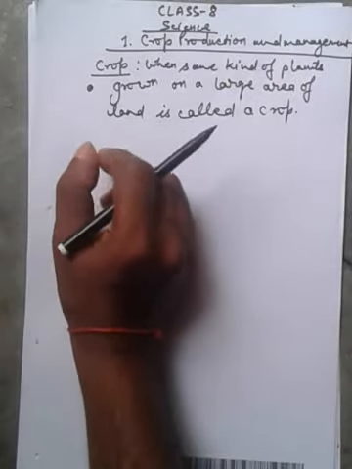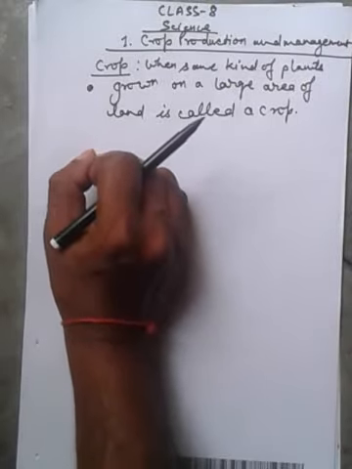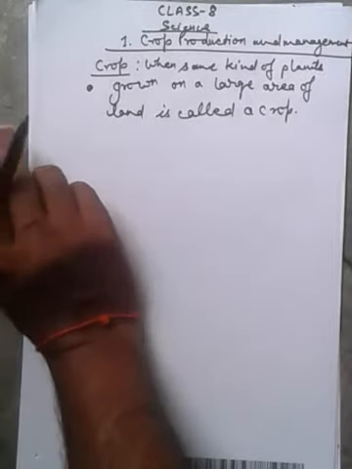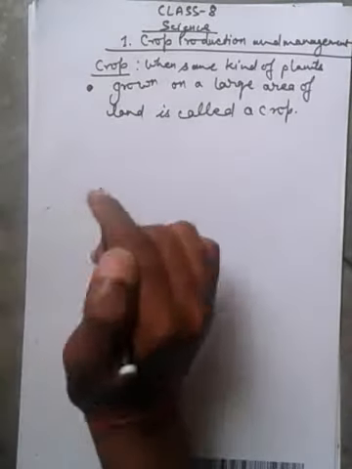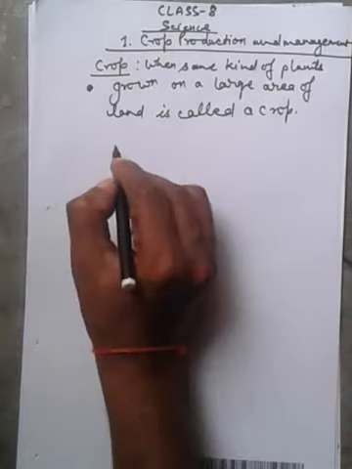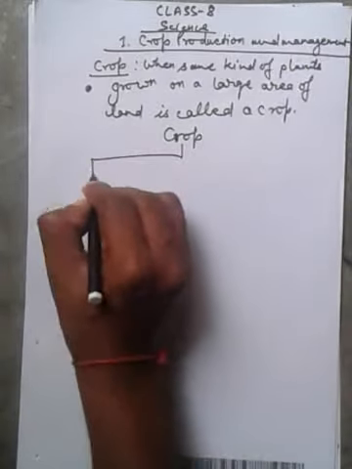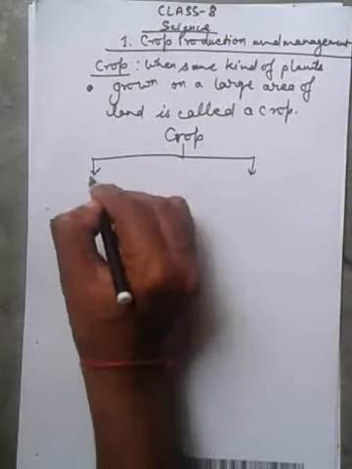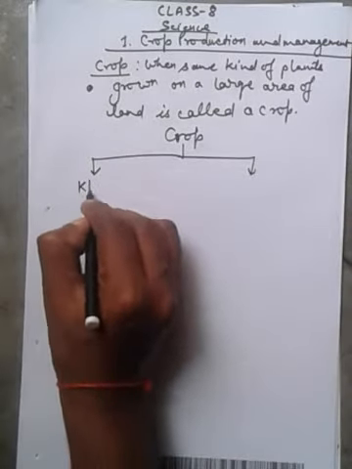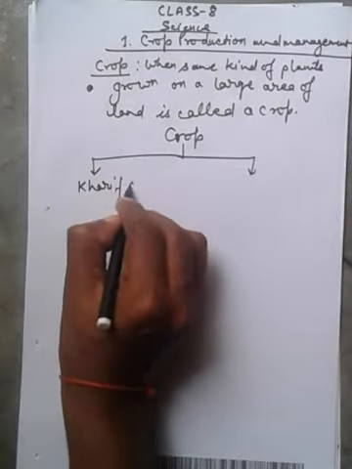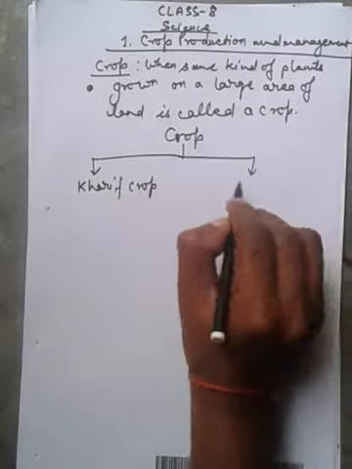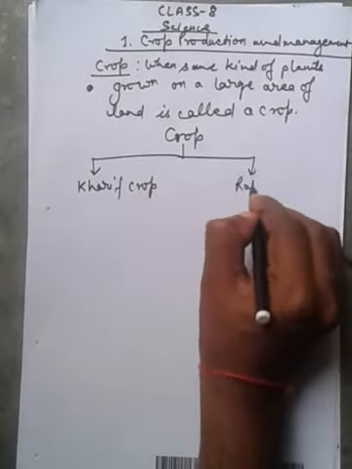This classification is based on their seasonal variation. So crops are mainly classified into two types: kharif crops and rabi crops.